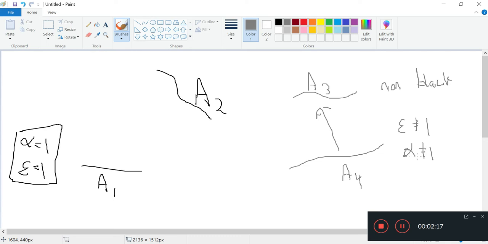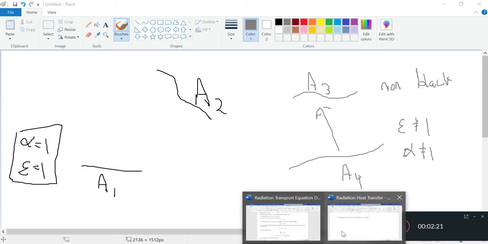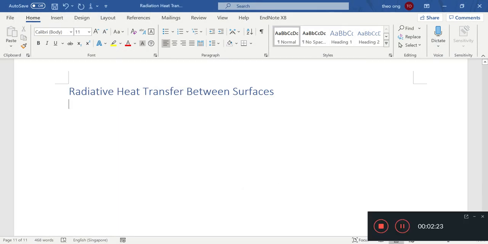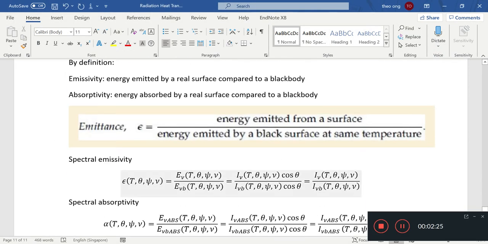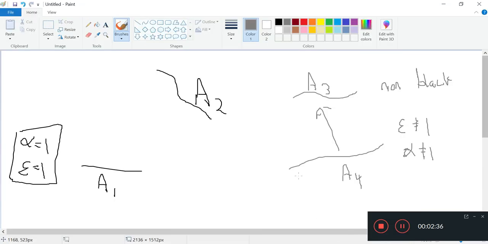Sometimes they depend on the spectrum, as you can see over here. They'll be dependent on angle and temperature, etc. So we have heat transfer between black surfaces.